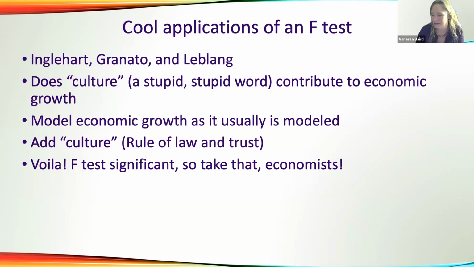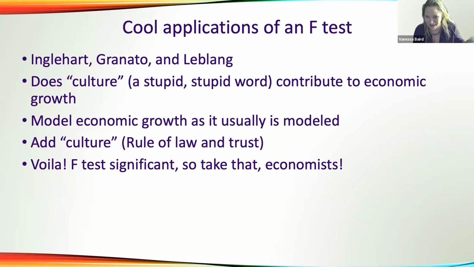So they put in all the variables that economists have agreed on that predict economic growth. And then the next step, they put in mean levels of support for the rule of law, because they read Douglas North, who won the Nobel Prize for saying support for the rule of law can help bring about economic growth because it reduces transaction costs.